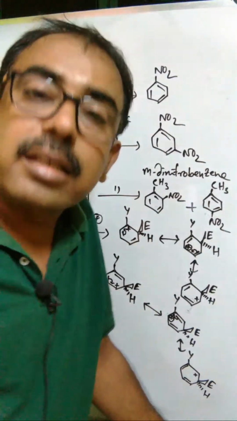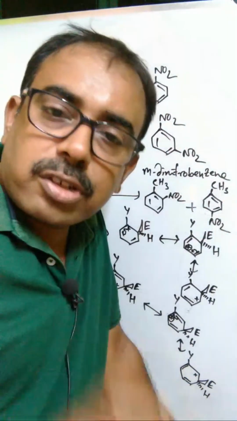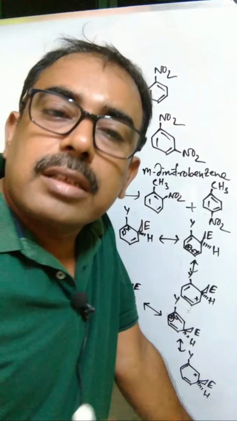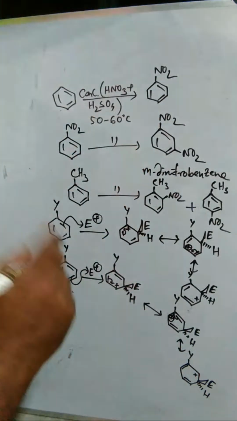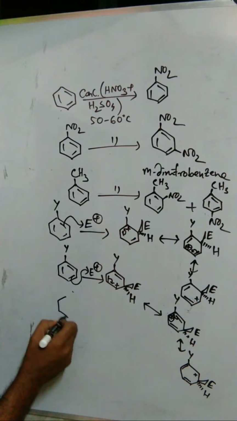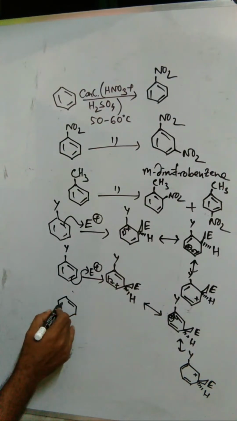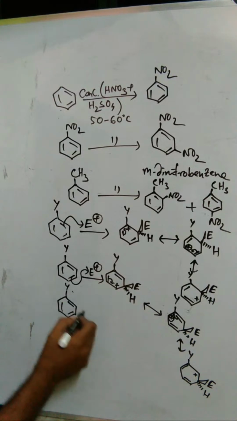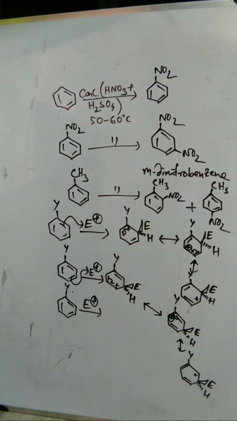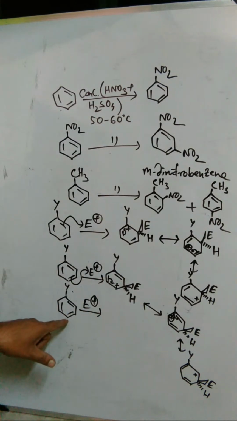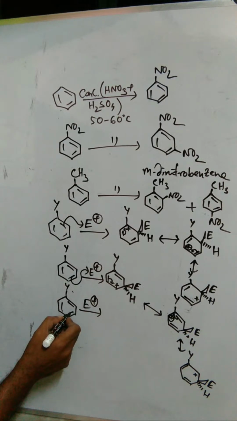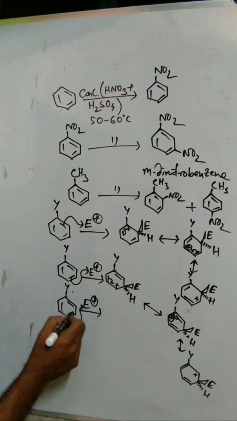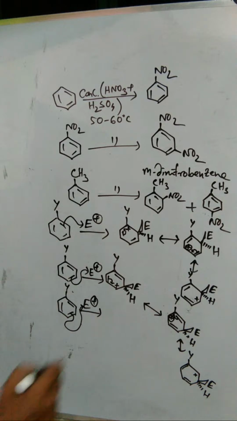Now let's see what the resonating structures of the carbocation will be when the electrophile comes in the para position. Here is the benzene carrying a substituent Y, and we are giving the electrophile E plus. If the electrophile comes in this para position, this pi bond will be broken from this carbon and will make a bond with the electrophile.